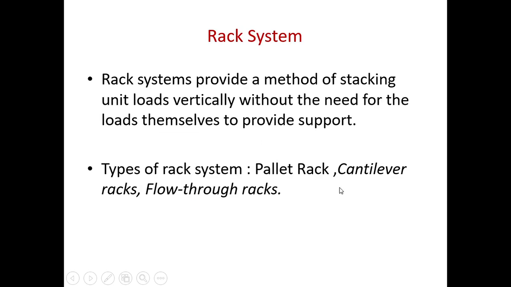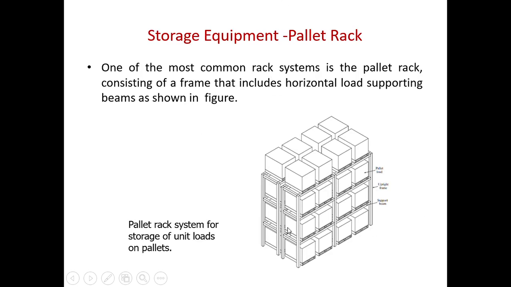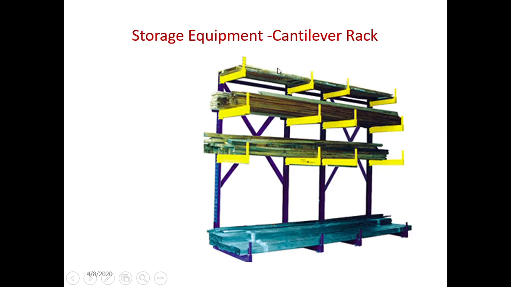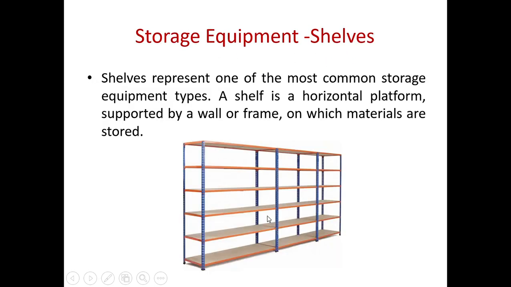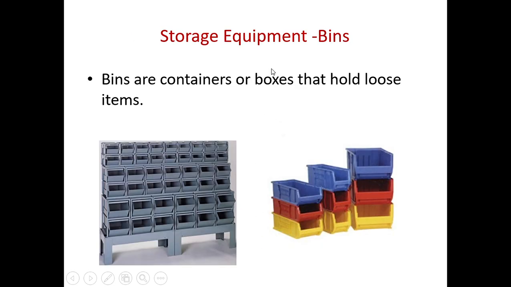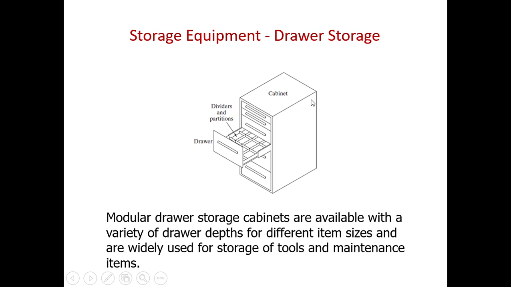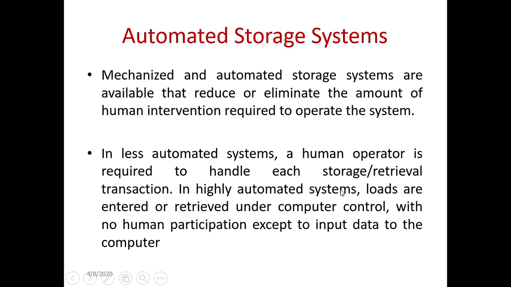In rack system, you can see this pallet rack, then cantilever rack, and sliding rack, shelves, the storage equipment bins, you can see, drawer storage. So these are the storage equipment.